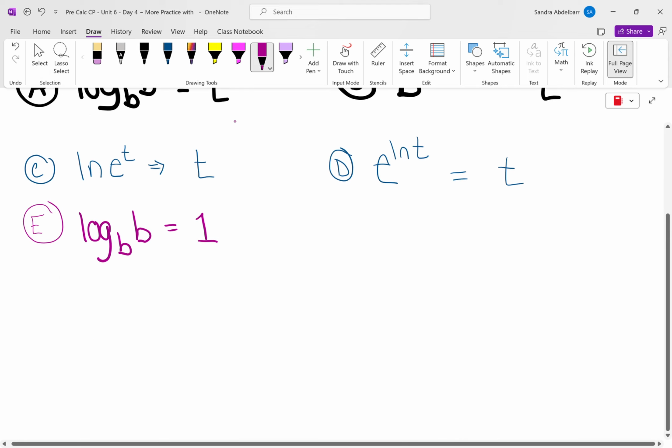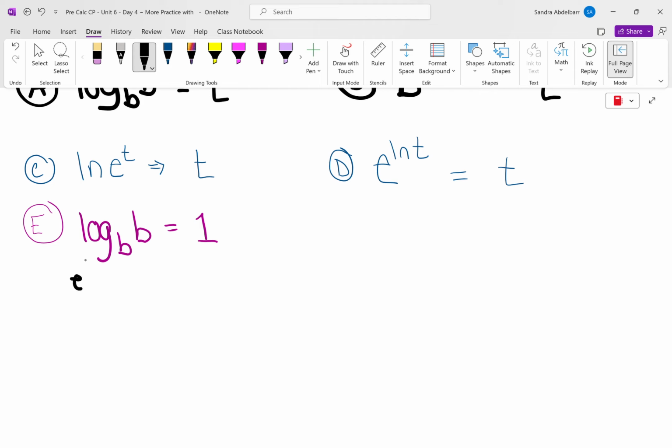So let's say I have, for example, log base 2 of 2. And I ask you to simplify this. Well, isn't this saying 2 to what power equals 2? To 1. So anytime your base and your argument are the same without any exponent, it's going to be 1.